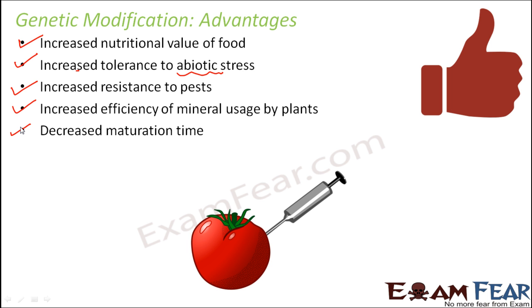So these are some of the very important advantages of genetic modification, and that is why we say that genetic modification can help in food advancement and thus can help in providing food to the growing population. So because of this decreased maturation time, the yield increases.